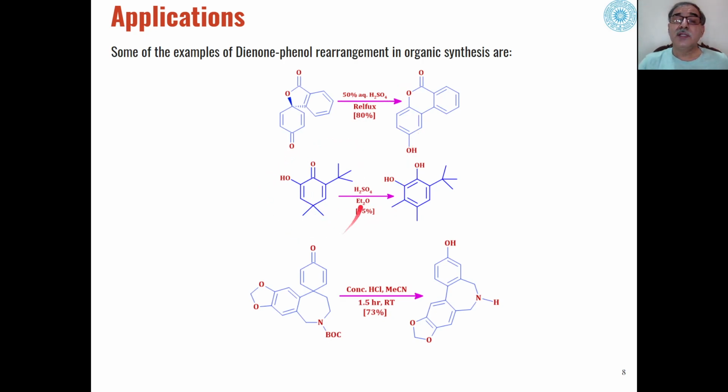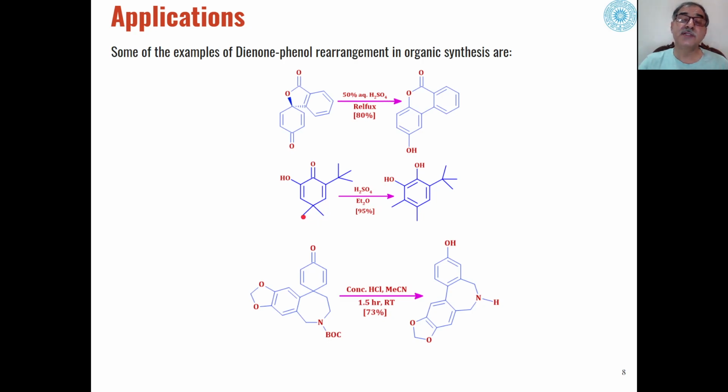Now, this is the other example which I was discussing in the previous slides, where an electron-releasing group is present adjacent to the dienone, and the other group present is a sterically hindered group. Then the migration of one of these groups, instead of taking place at this carbon, will take place at this carbon, because this group is sterically hindered and will not allow the migration of this methyl group to this carbon.